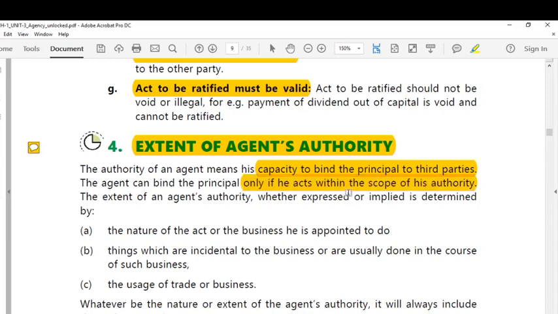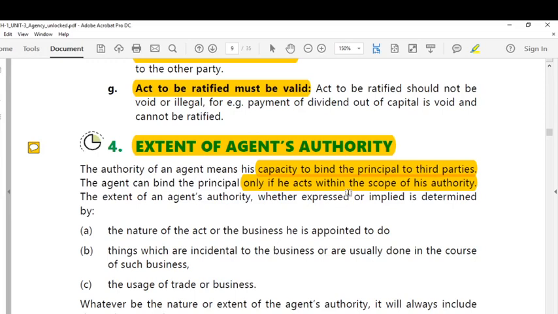So, the principal will give some authority to the agent to do certain actions or transactions. As long as the agent acts within the given authority, so long the principal is bound to all the third parties for the actions done by the agent.